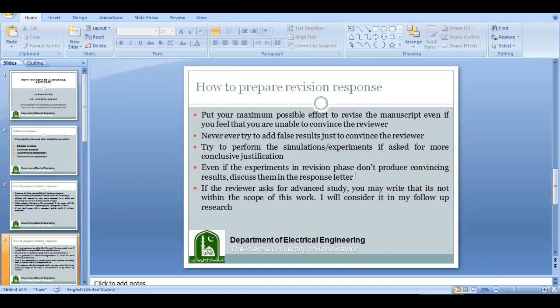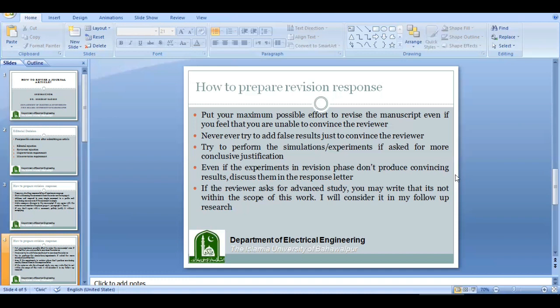Even if the experiments in the revision phase don't produce convincing results, discuss them in the response letter. If you have put some results in the manuscript, but the reviewer has asked you to elaborate more on the results by performing more experiments, and even if you know that the results of those experiments won't be according to the reviewer's mind, you should still perform the experiments and put the results in the response letter, because those results will probably weaken your demonstration in the manuscript.